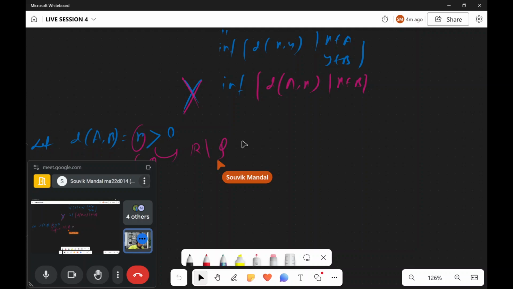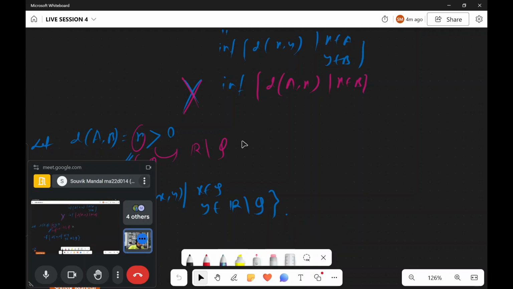Since the distance is equal to r, this means r is nothing but the infimum of all possible distances between rationals and irrationals by definition, correct? So this means if we choose any arbitrary rational point and any arbitrary irrational point, their distance will always be greater than or equal to r, correct?